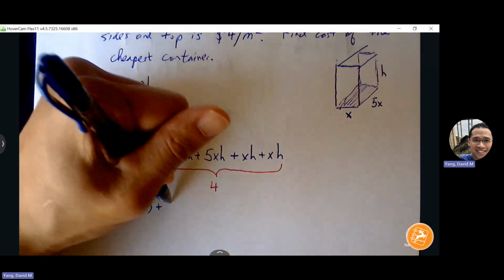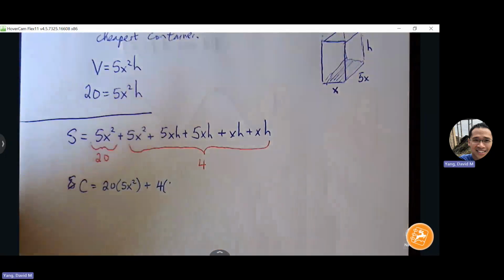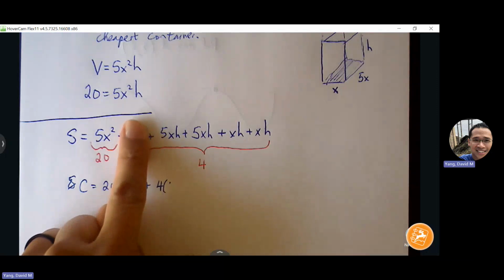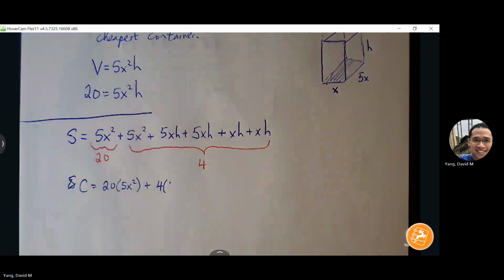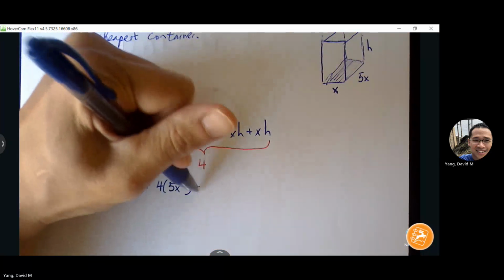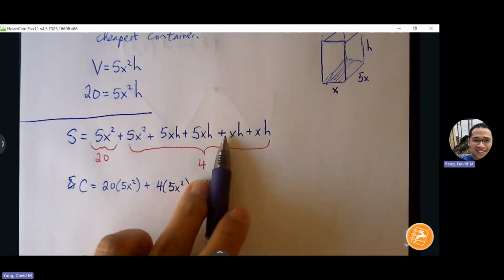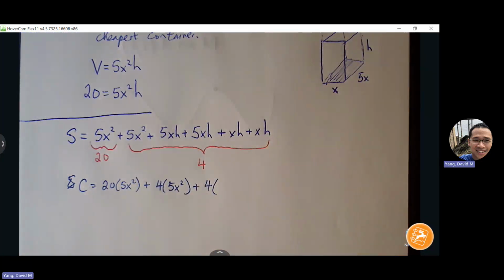Is the box open? This one I have being closed, it's a top. Okay. But if it's open, then there would not be the second 5x squared. So 5 plus 5 plus 1 plus 1 is 12.